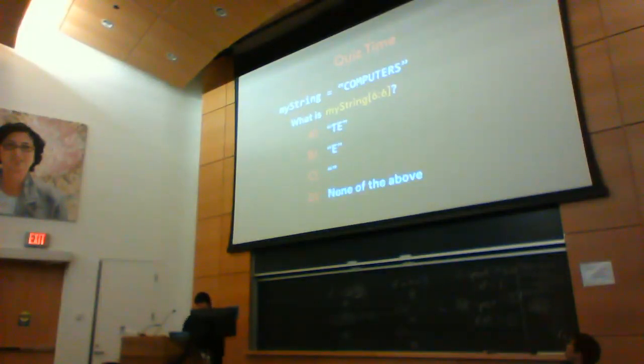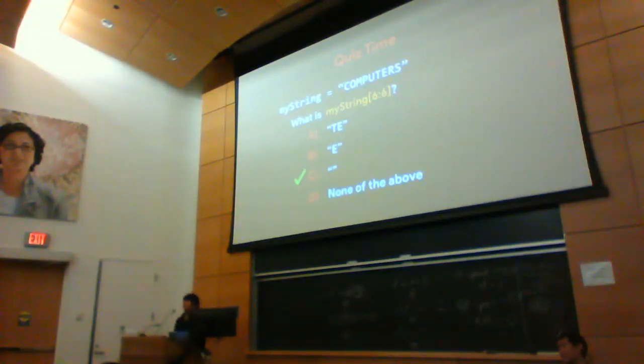All right, here's a trick question. What if I index it from 6 to 6? What do I get? Who says A? Who says B? Who says C? And who says D? Okay, so the correct answer was C. Can anyone tell me why?